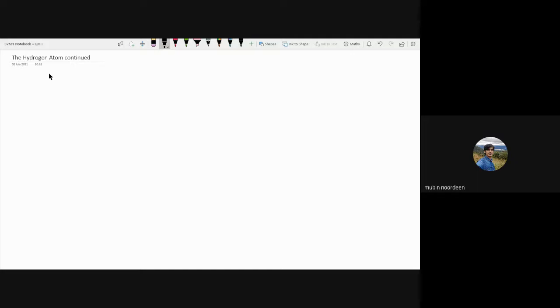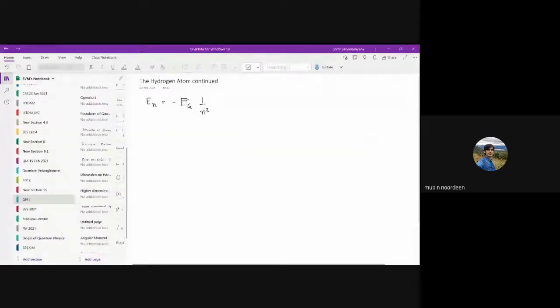We found that the energy eigenvalues are minus the value of Eg, which we wrote down, and then of course you have this epsilon n, and that is basically 1 by n square.